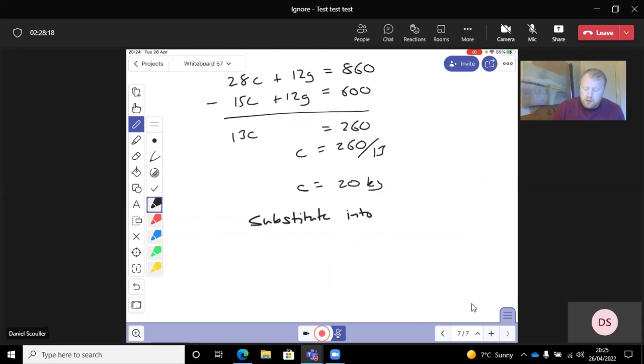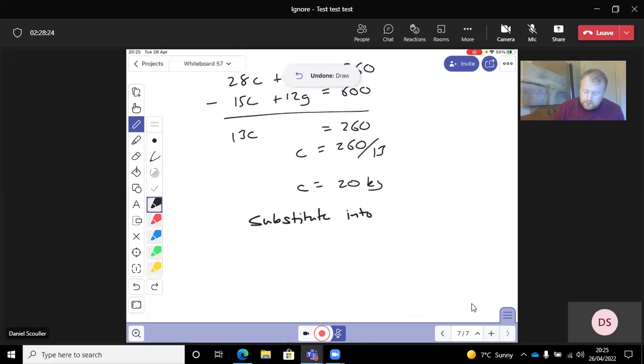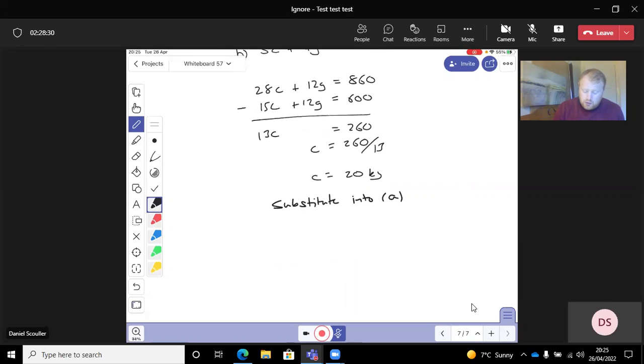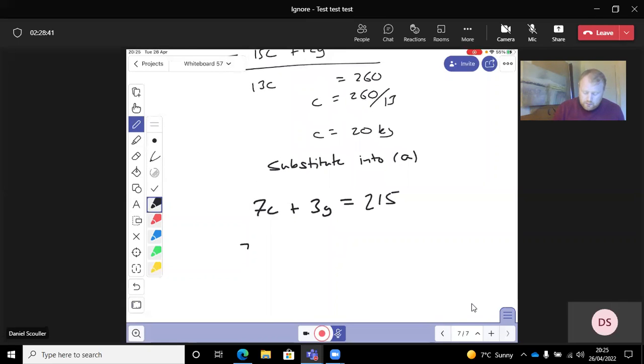So we take that and we substitute that back into one of the original equations. Say equation A. Equation A was 7C plus 3G equals 215. When C is 20, 7 times 20 plus 3G equals 215.